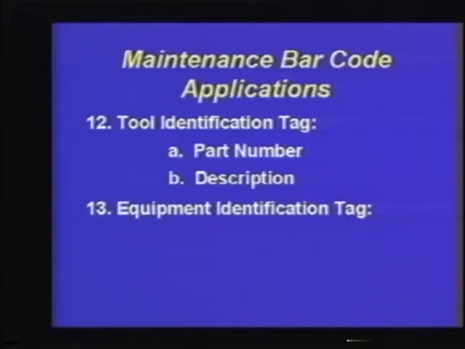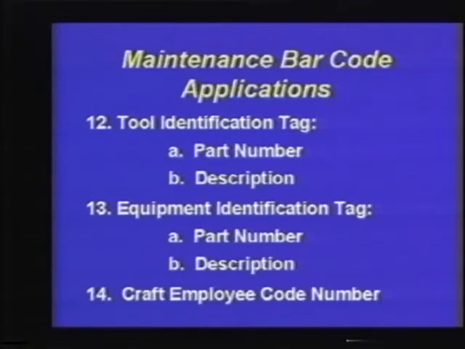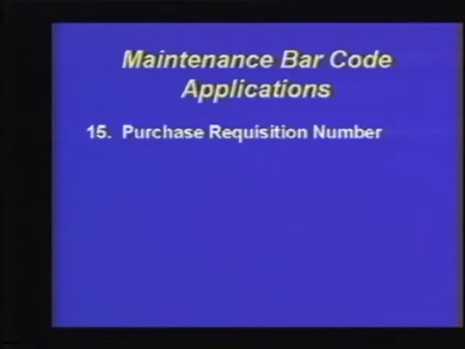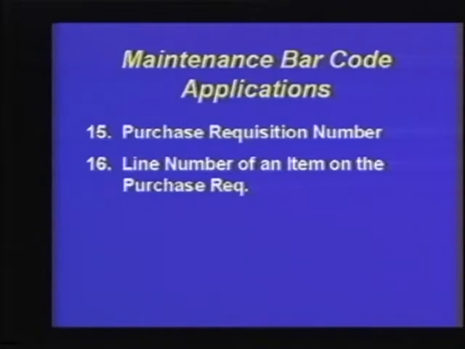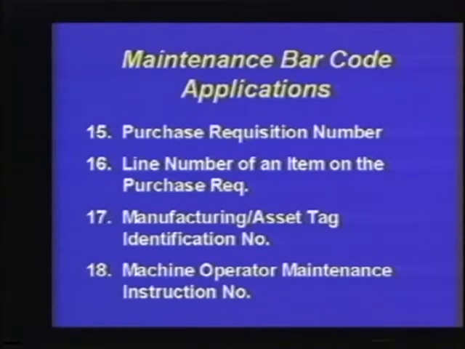And here again, it would also address the part number and a description of the equipment. 14 is the craft employee code number, and 15 is the purchase requisition number. 16 would be the line number on the purchase requisition, and 17 would be the actual asset or equipment or machine tag that's found out in the shop, and 18 would be the machine operator instruction number, and that would be to support maintenance relative to the utilization of machine numbers.